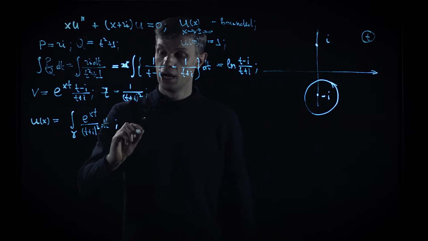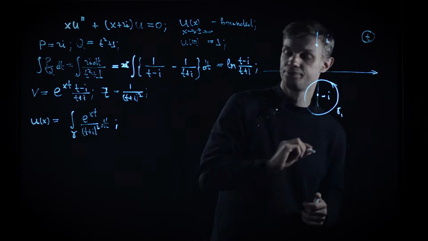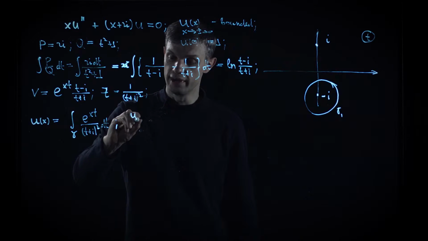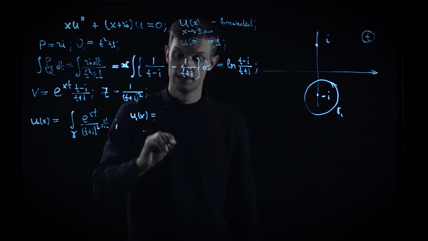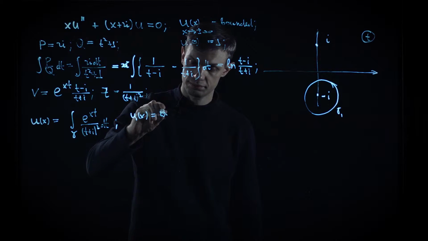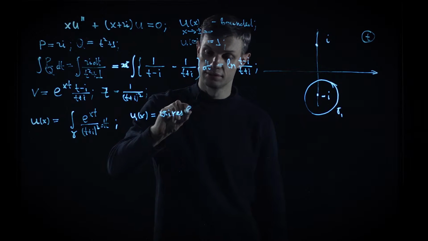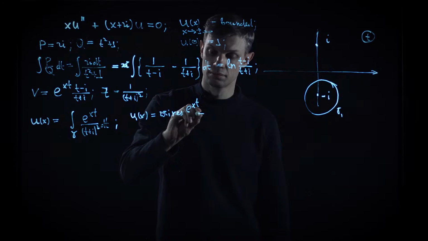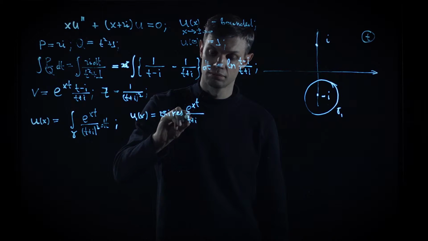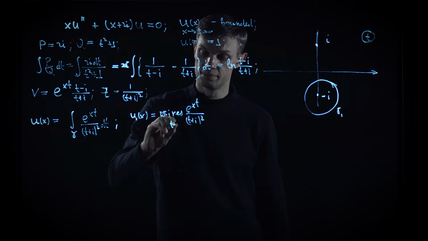Here we go. So let's call this contour gamma 1. And u1 of x is simply equal to the residue of the integrand at point t equals negative i.